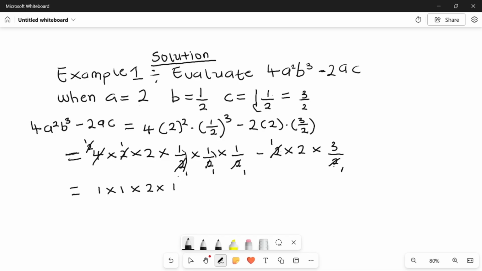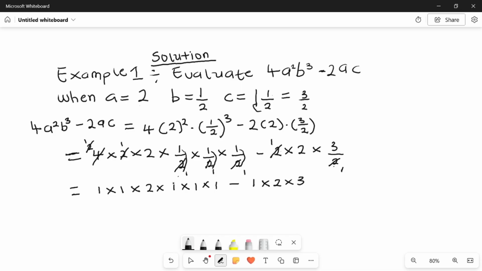Here too, 1 divided by 1 will still give you 1, and here too 1 divided by 1 gives 1, minus 1 times 2 times 3.